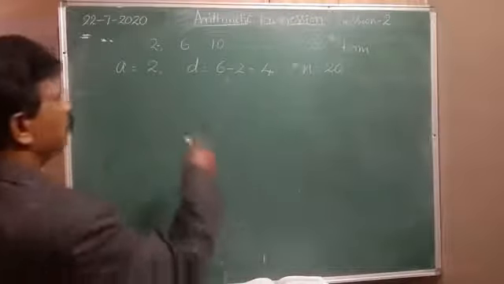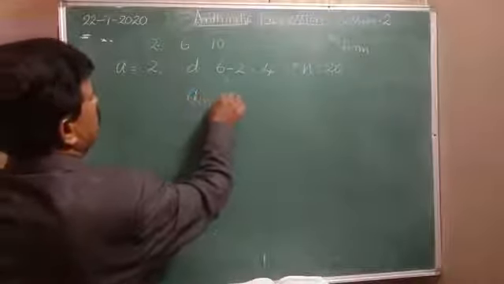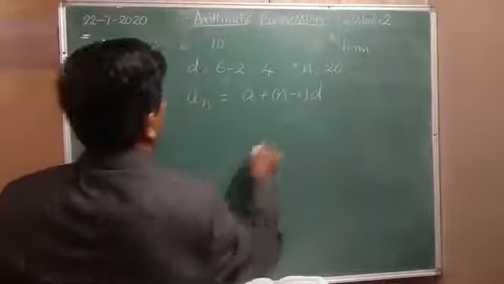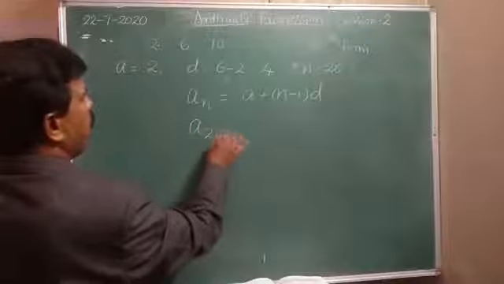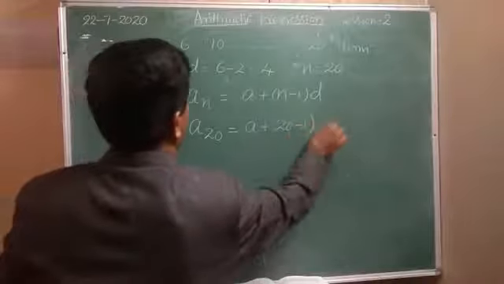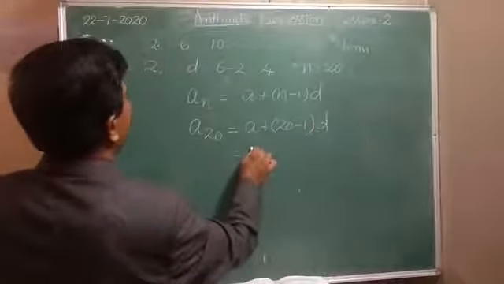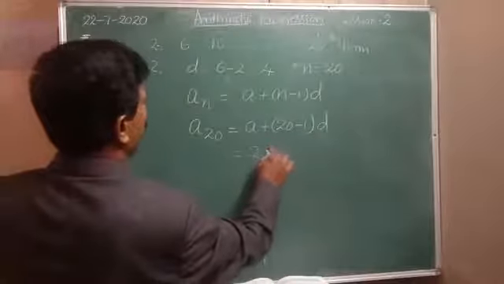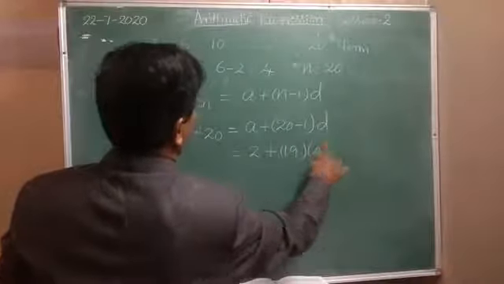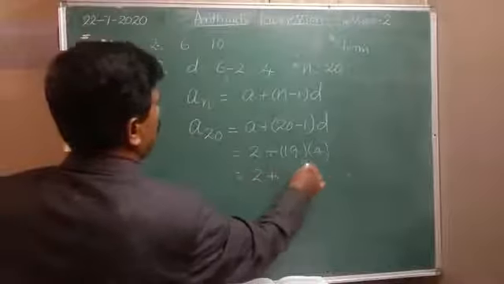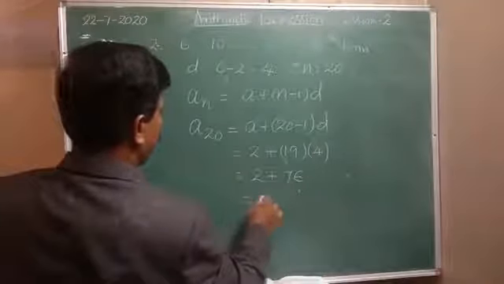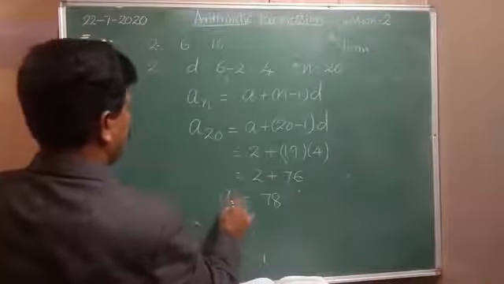Now we can use the direct formula: An is equal to A plus (n minus 1) into D. That is A20 equals A plus (20 minus 1) into D. So A20 is 2 plus 19 into 4. 9 fours are 36, 3 fours are 12, 12 plus 36 is 76 plus 2, 78. This is A20.